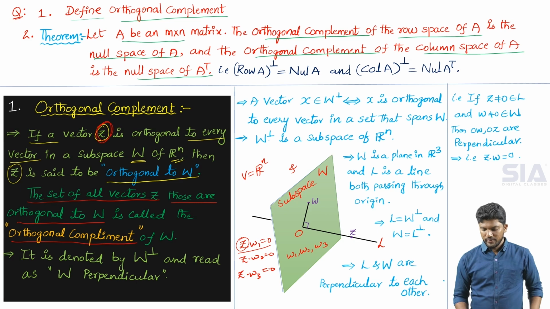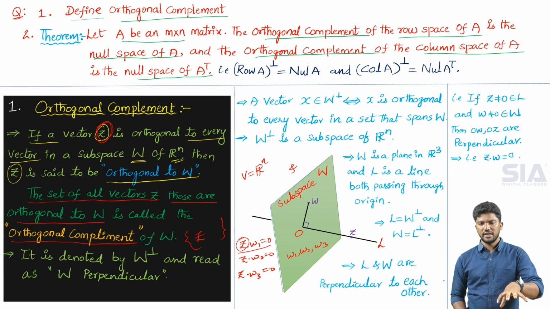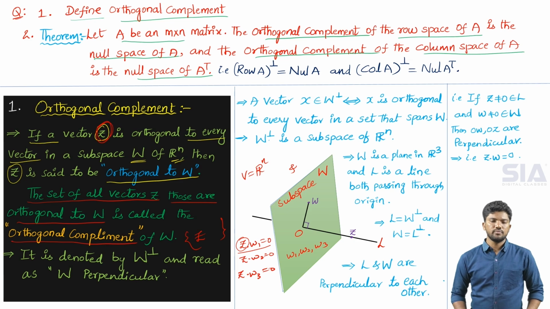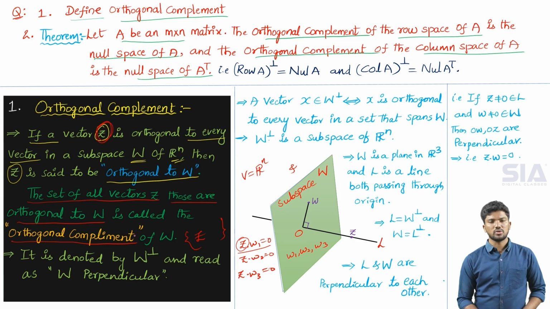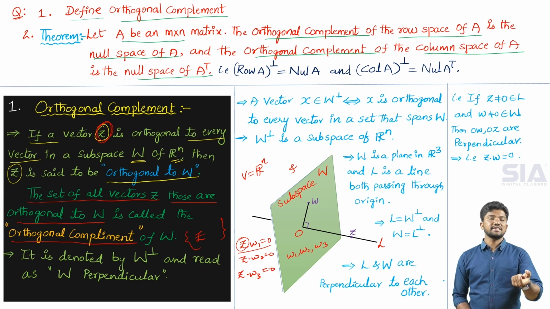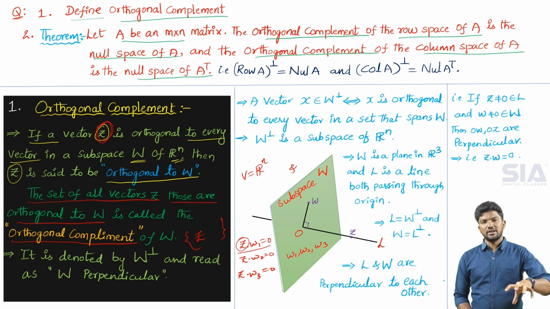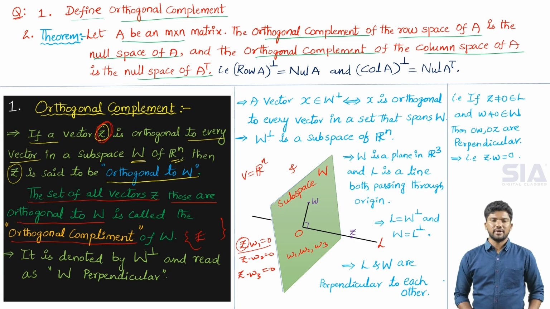That set of all types of vectors, those that are orthogonal to each and every vector of W, is called the orthogonal complement of W. Not only a single vector, each and every vector of W should satisfy the orthogonal condition with Z; then Z is in the orthogonal complement of W.